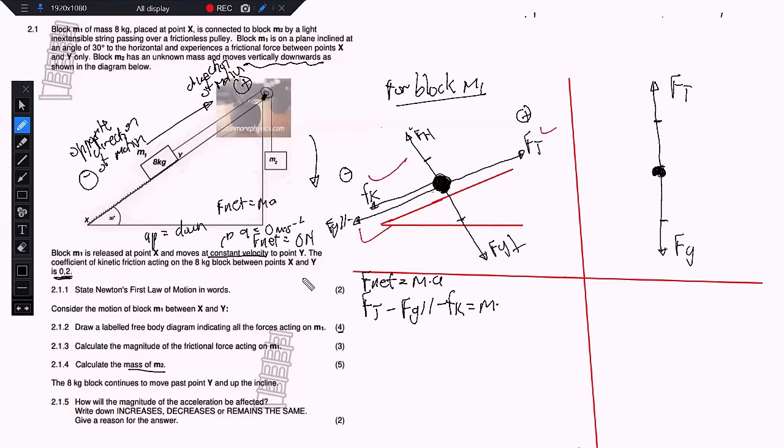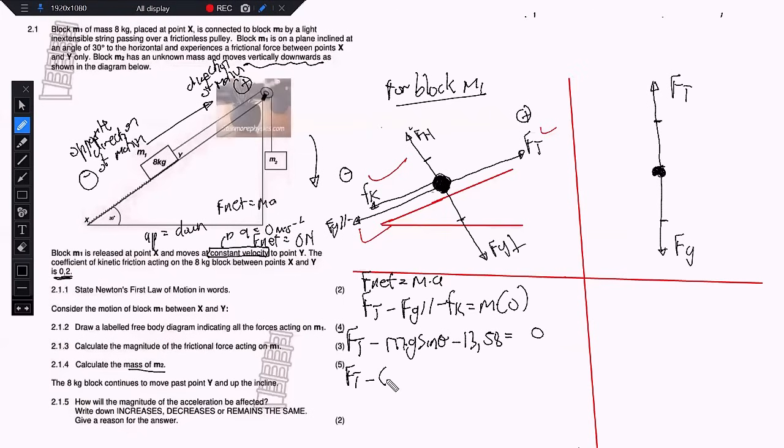Right, but then remember the acceleration is 0 due to constant velocity. So I can just replace a by 0 there. I'm looking for the tension force, and then this is mg sine theta, but I do have the Fk from the previous question. It's 13.58. Now let me substitute.